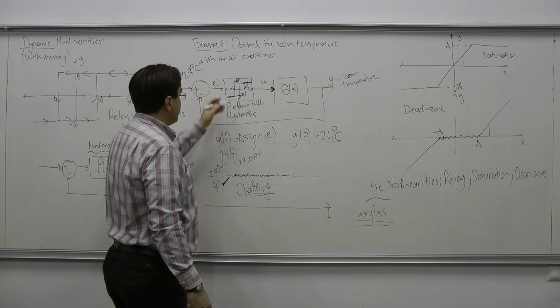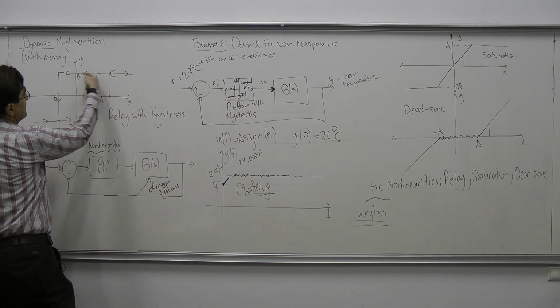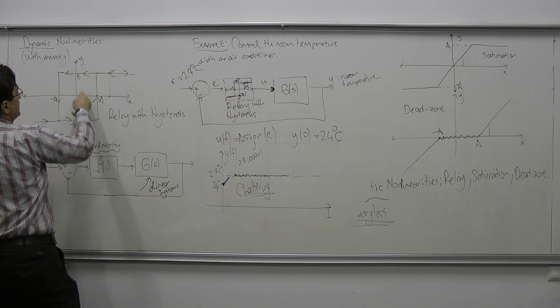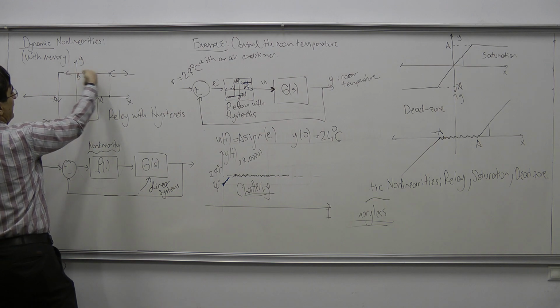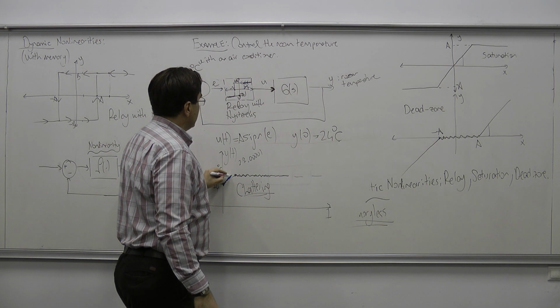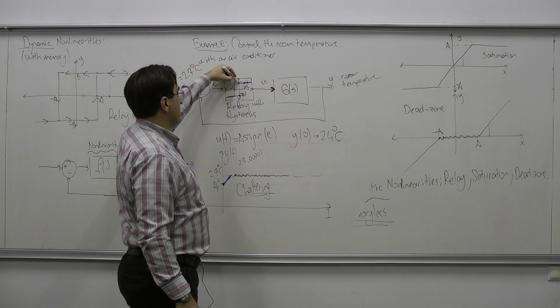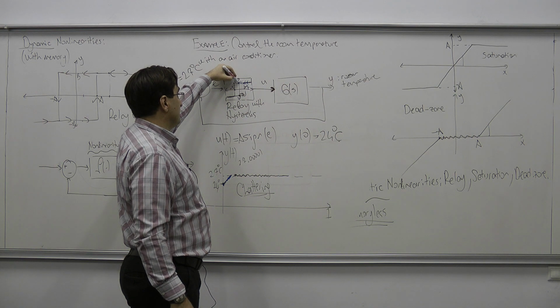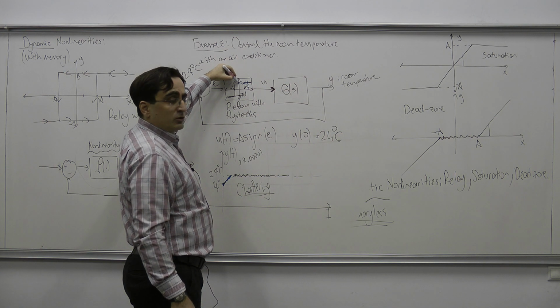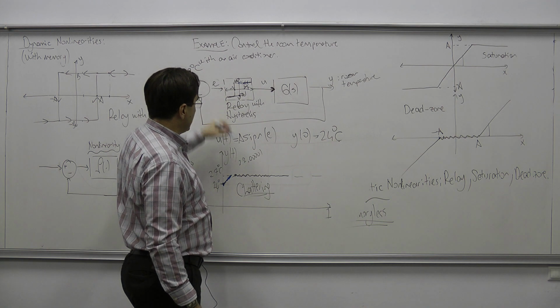That means that the error signal is decreasing, which means that we need to choose this branch if we are somewhere here, because error is decreasing. So we're going to hit the value 27 here, but here the error is going to be 0, but still I would continue heating. Okay, because we are still at plus A.